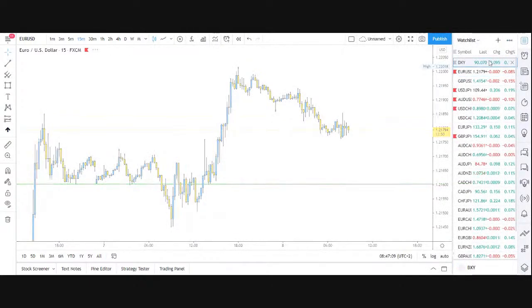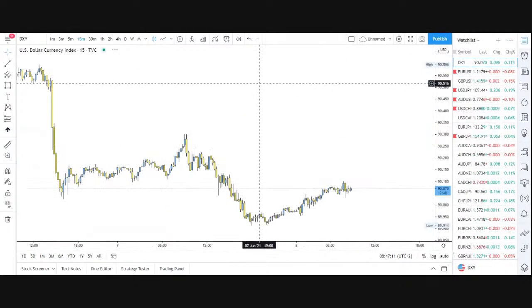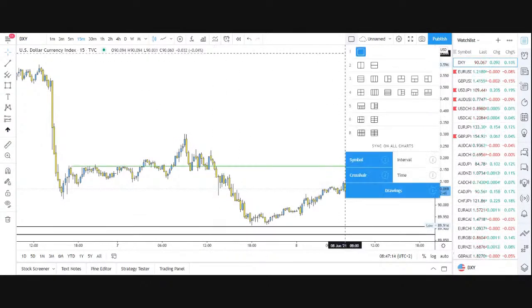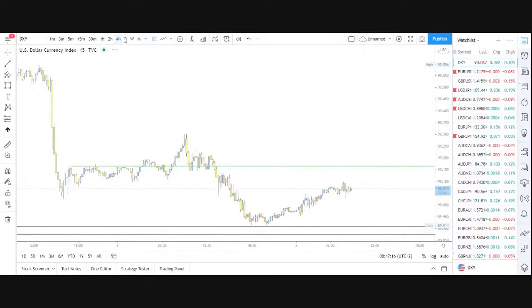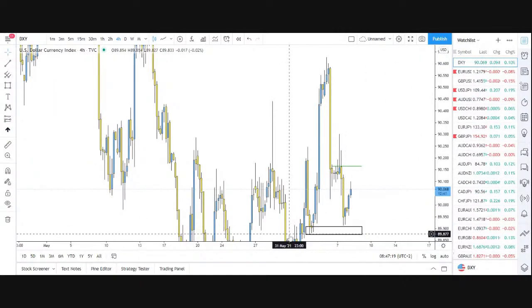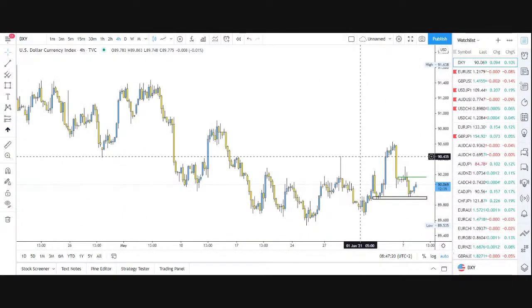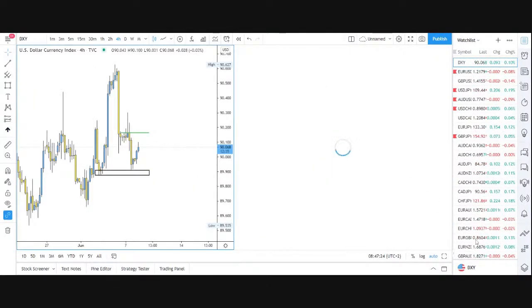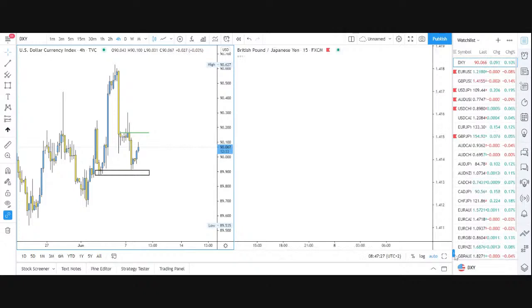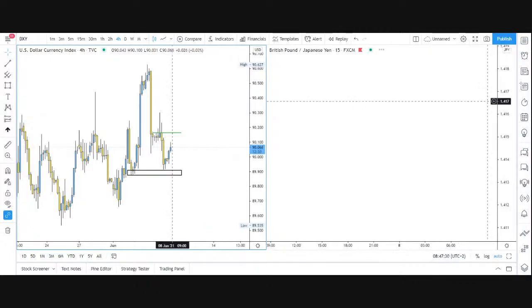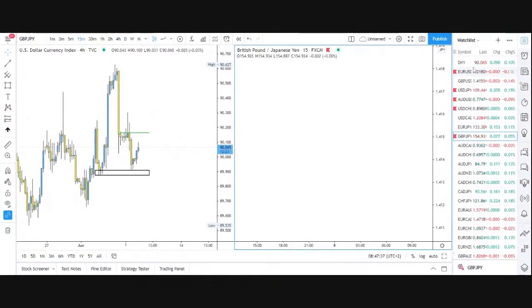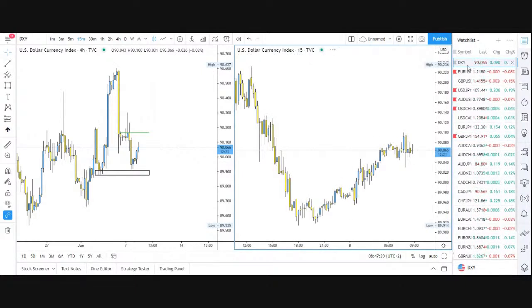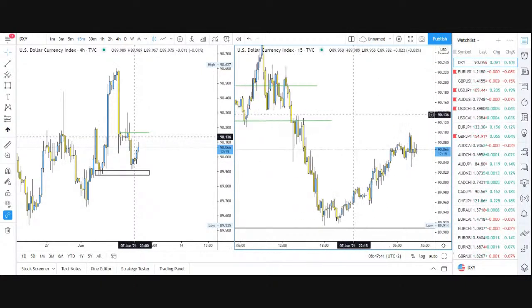Let me just see DXY. Let me do 4H here, and then hopefully it will be 4H in 15 minutes. This thing's showing me DXY and JPY. It's definitely not gonna be the same.